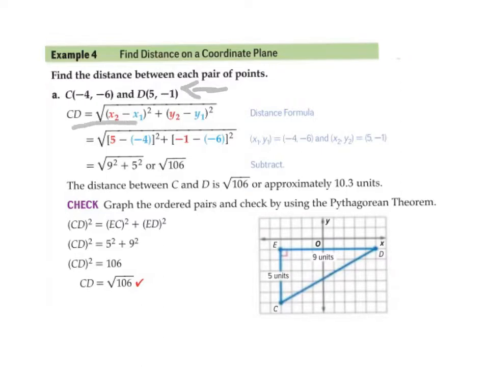We're going back to Algebra 1 for the distance formula, and if you remember from the distance formula, you're going to square both of your parentheses, so it doesn't matter which point you make as x1, y1, because it's going to square out anyway, so your negatives are going to become positives. And you finish up with 9 squared plus 5 squared, which will give you 81 plus 25, which will give you your 106. And take the positive root of that, which is 10.3. So the distance between C and D is 10.3.